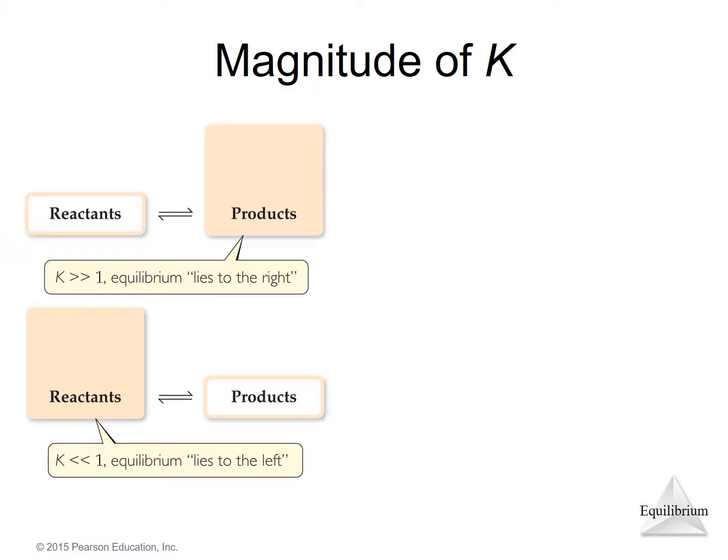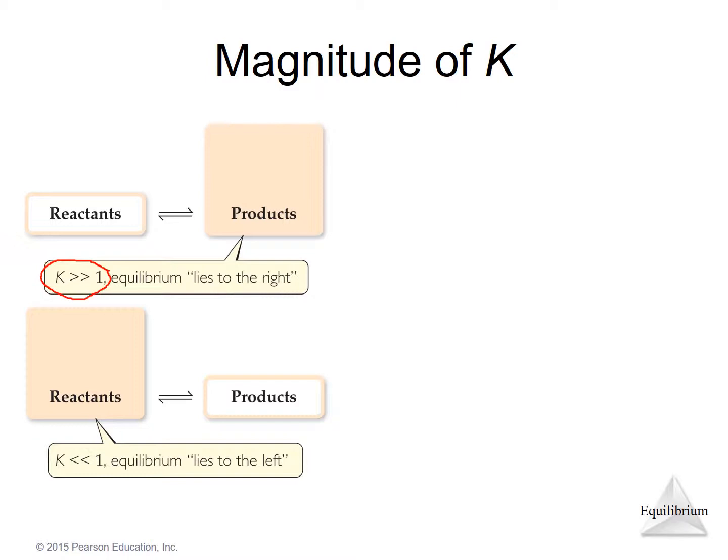And so that means the equilibrium lies primarily to the right. So when I write the chemical equation, it mostly goes to completion. And that would be expressed by K much greater than 1. Now, much greater than 1 can be really, really large. It can be 10 to the 6th, 10 to the 8th, 10 to the 9th. That's not at all uncommon for equilibrium constants.